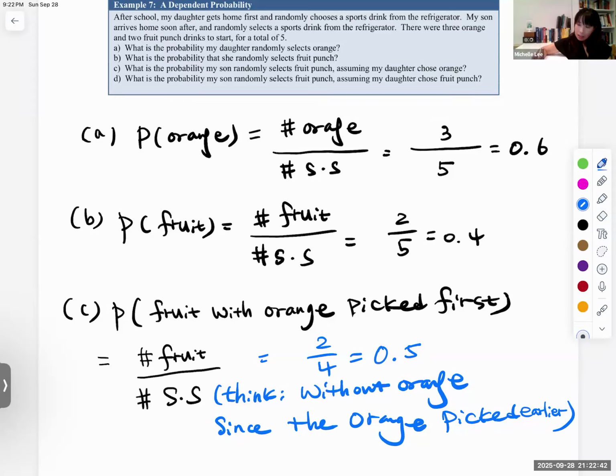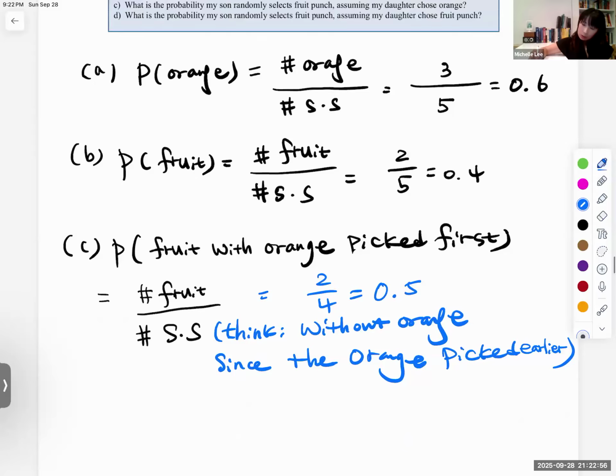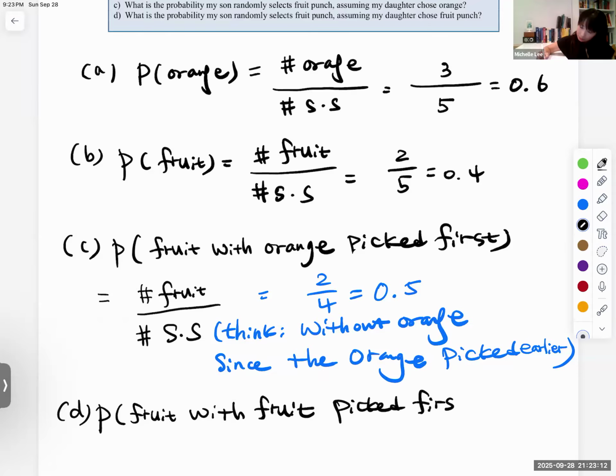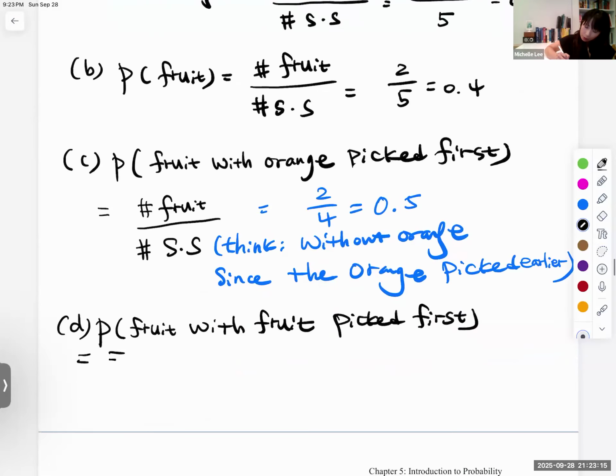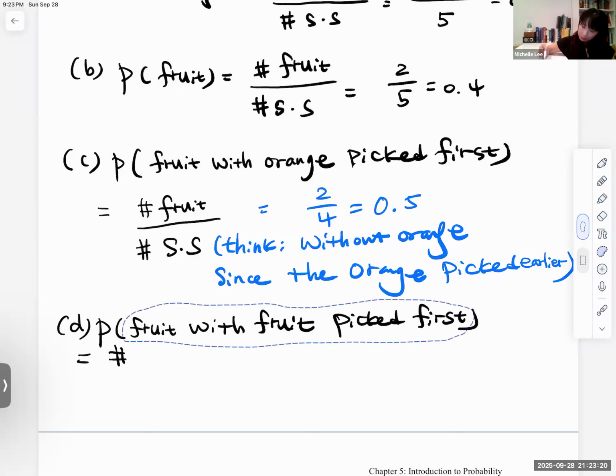Okay. Last one, still fruit, but in that case, my daughter picked fruit punch. Yeah, so let us do that. So the probability of fruit with the fruit punch picked first, right? Okay, in that case, the number of fruit punch, I want to rewrite because I need this number, right?